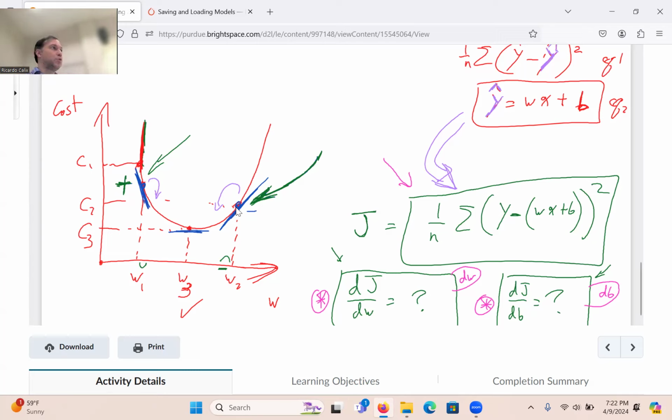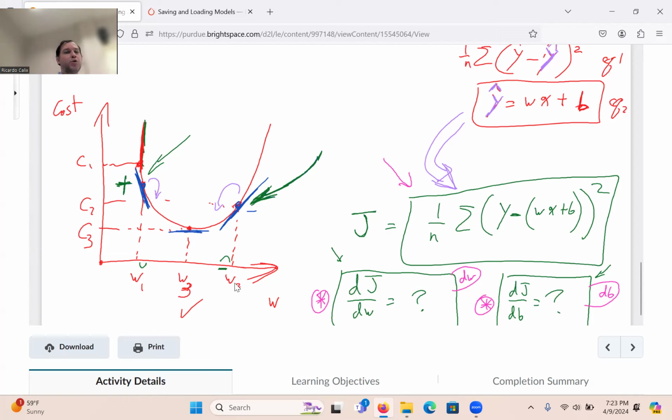Now, let's go to the other side. You're at W2, right? Remember, we already took the derivative of the function. We plug W2 into that second function, and that function tells you minus. So it's indicating, but it's not that somebody calls you and says, okay, you need to take a step to the left. It doesn't work that way. But you do get that sign, and it's the equivalent of that.